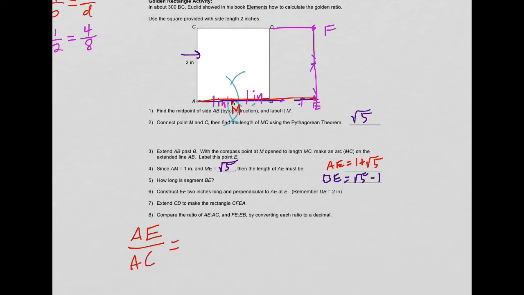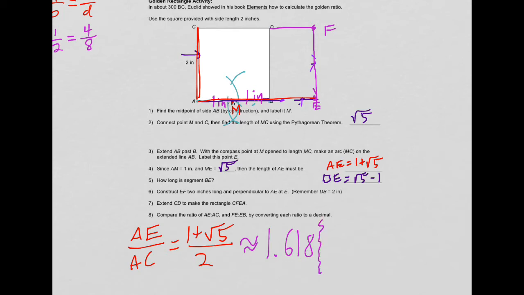That just equals AE, which is 1 plus the square root of 5, over AC, and remember AC is just this side of our square over 2. Then we enter that into the calculator, and you should get approximately 1.618. Alright?